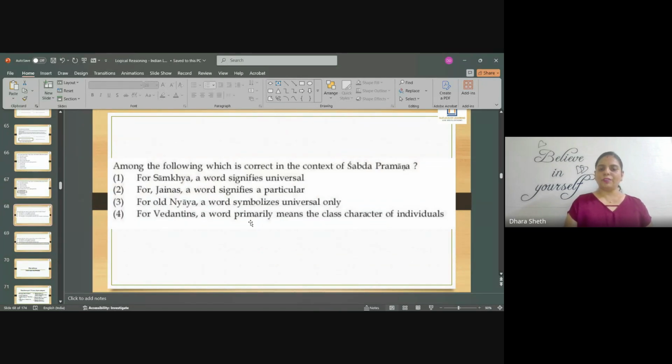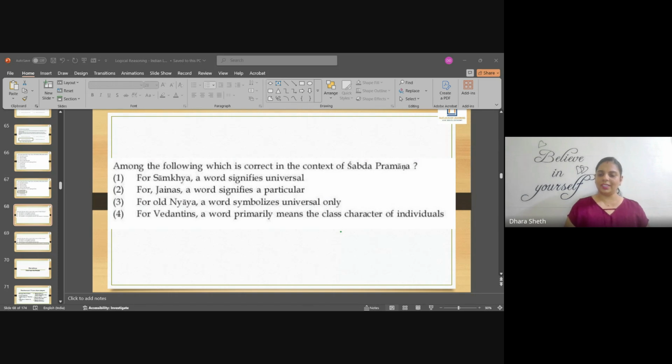Next, which of the following is correct in the context of Shabda Praman? For Sankhya, a word signifies universal. Jainas, a word signifies particular. For Old Nyaya, a word symbolizes universal. For Vedantins, a word primarily means class character of individuals.